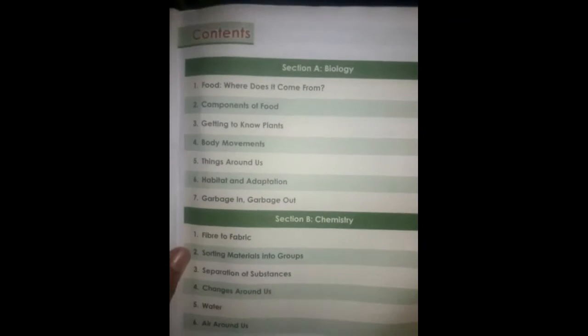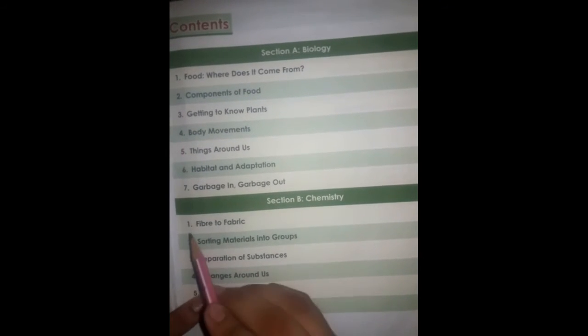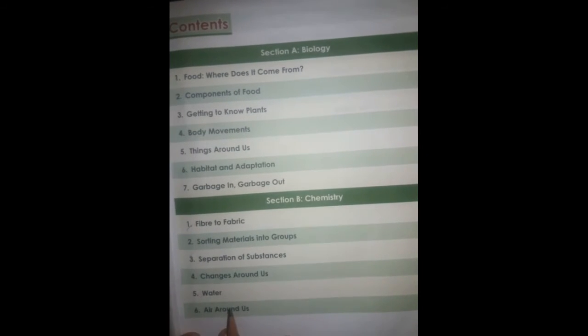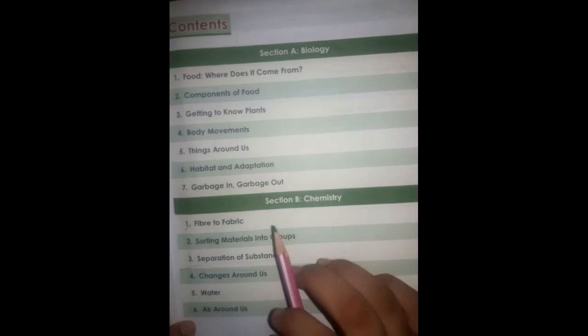Now let's move to the chemistry section. In chemistry there are 1, 2, 3, 4, 5, 6 chapters here. We have to complete and study till chapter 3, separation of substances.